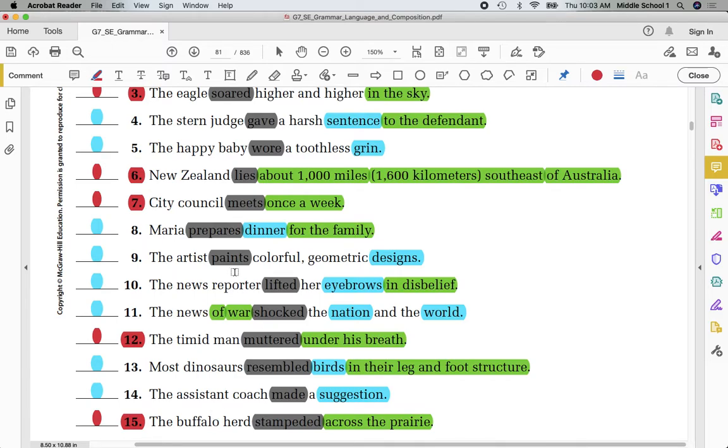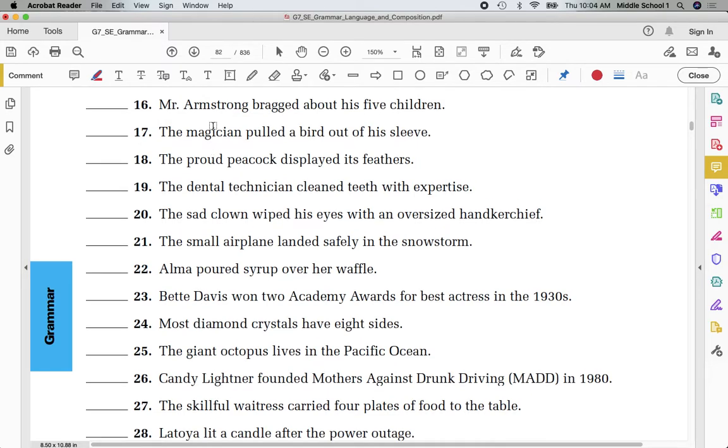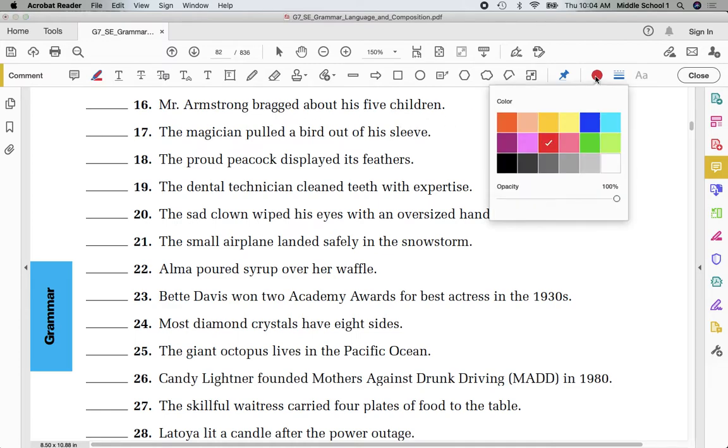Let's turn to page number 76 and take just a couple more examples today, distinguishing the difference between sentences that are transitive and intransitive. Number 16. Mr. Armstrong bragged about his 5 children.